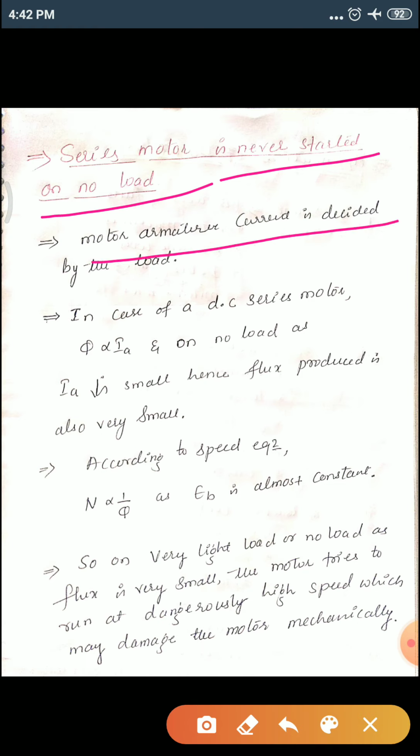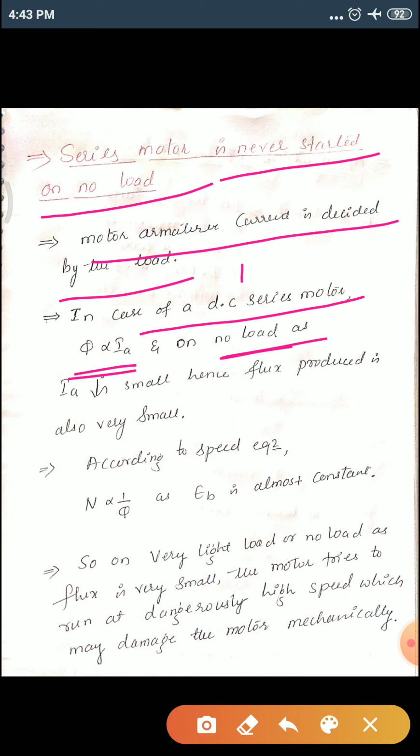Motor armature current is decided by the load, as we know. Both are directly proportional. When load increases, armature current increases. In case of DC series motor, phi is proportional to Ia. This also we know.